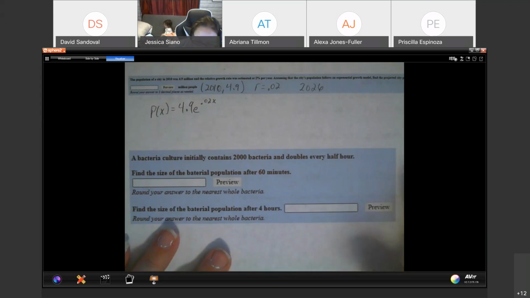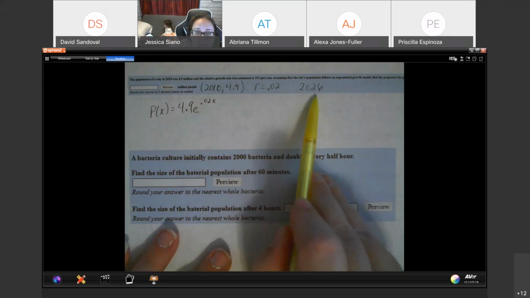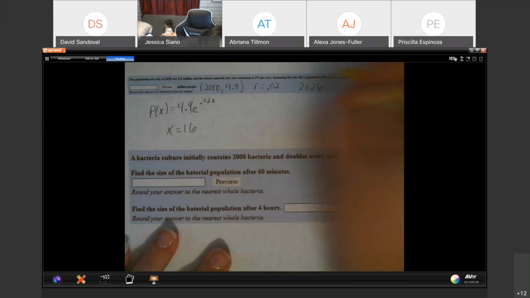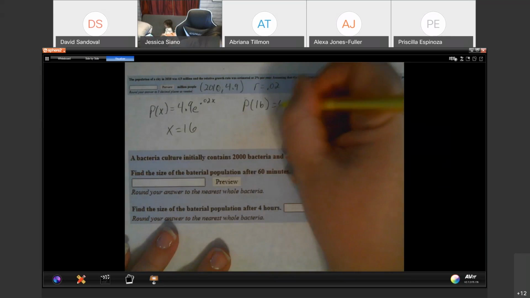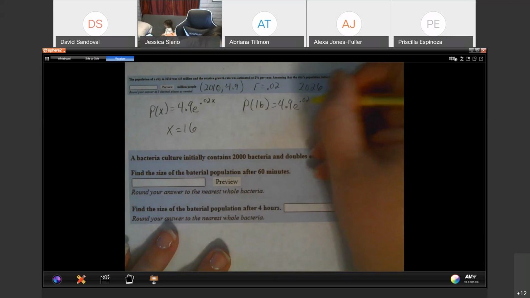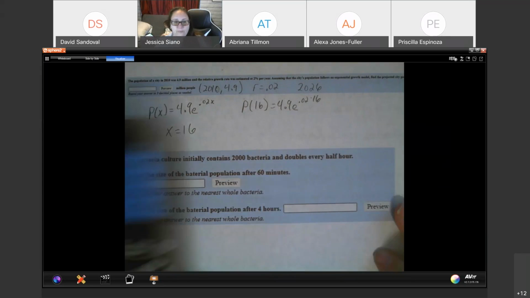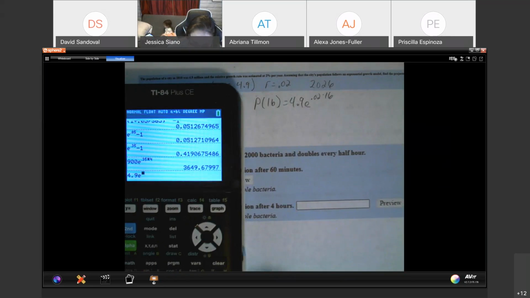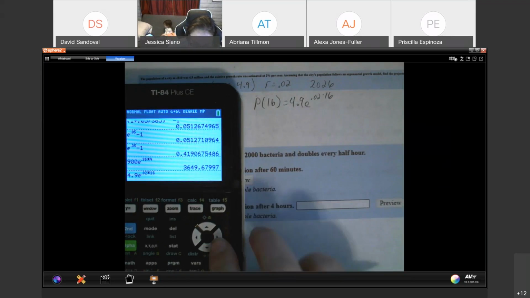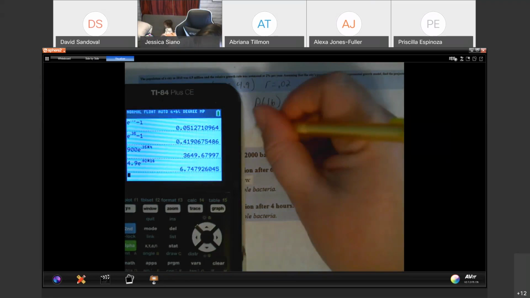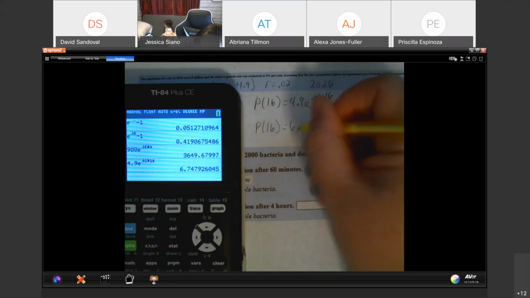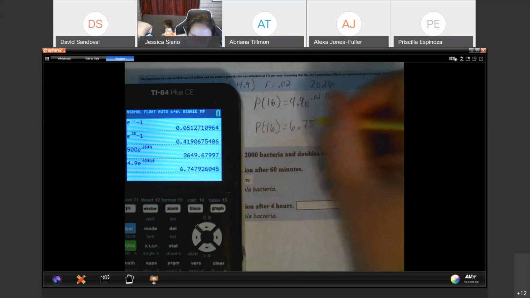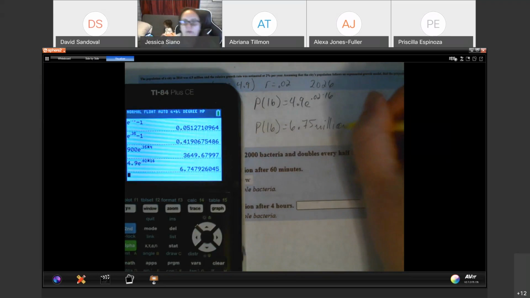And we want to know from 2010 to 2026, which is 16 years. So 6.75 million people.